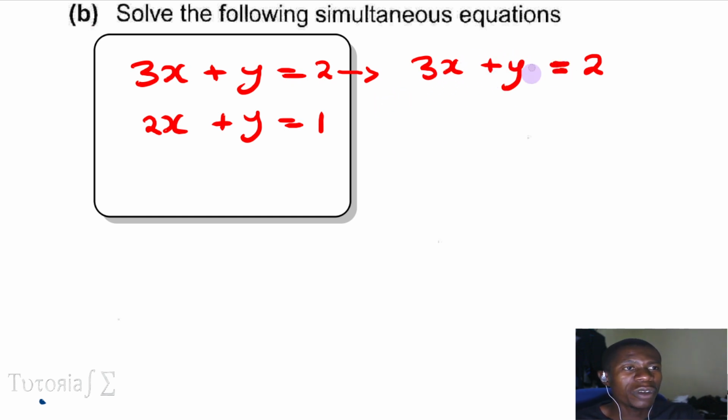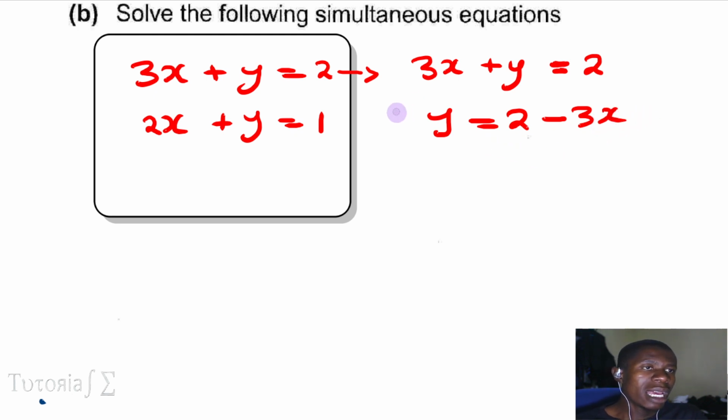So for instance, if we choose to make y the subject, meaning that y should be alone, this 3x will go to that side, so y would be equal to 2. When 3x comes to this side, it will be negative 3x. Then what we do next is, where there is y, we'll replace this in this equation.